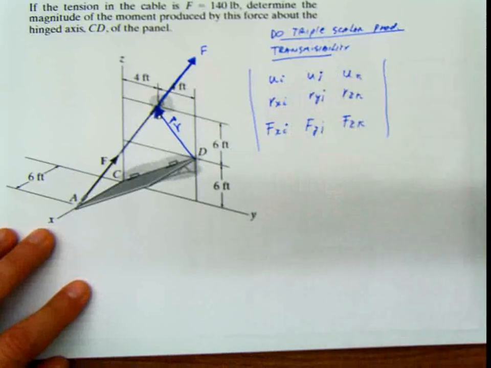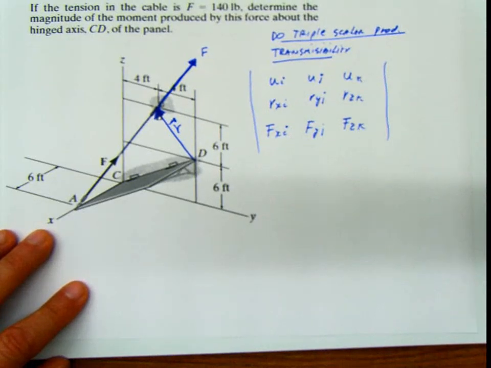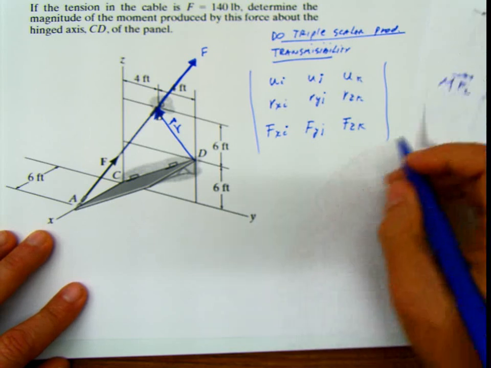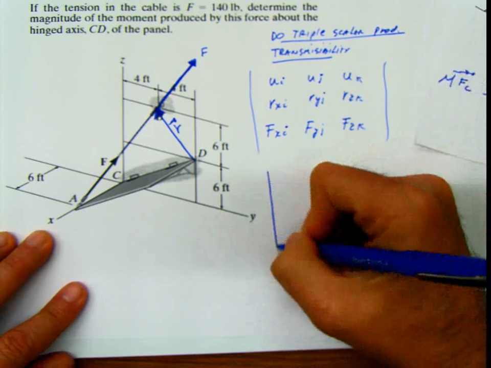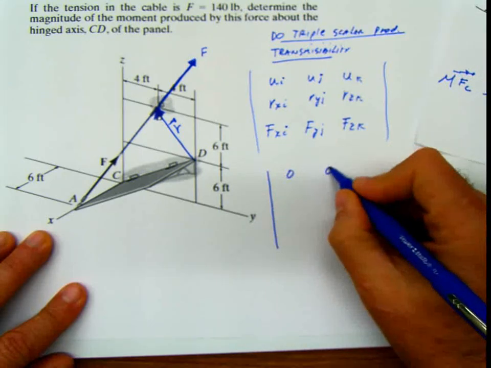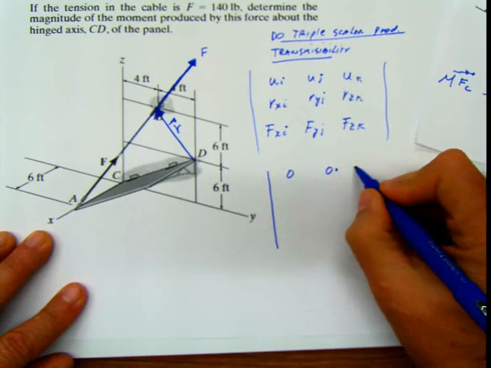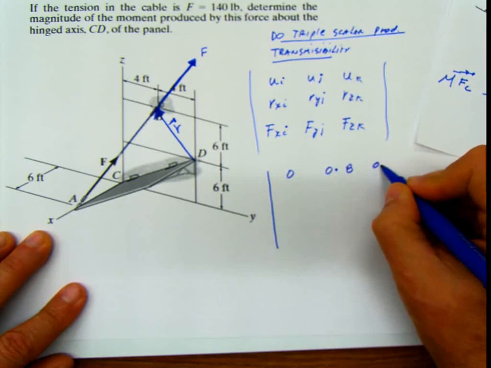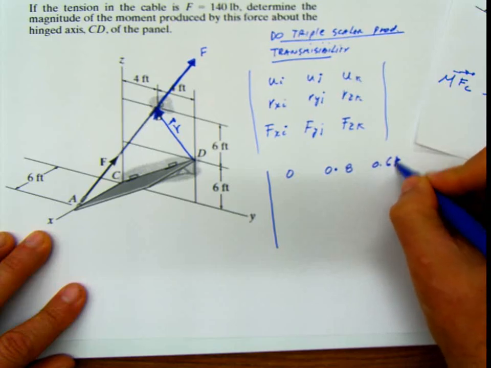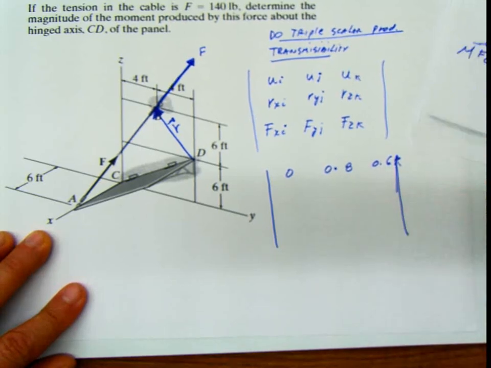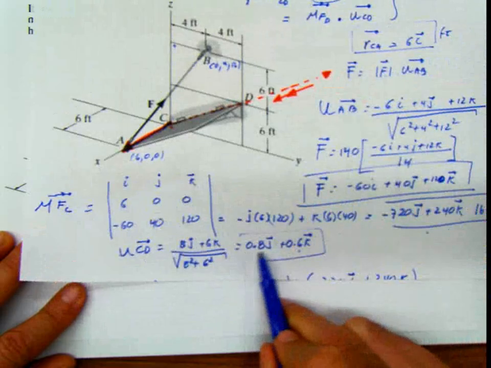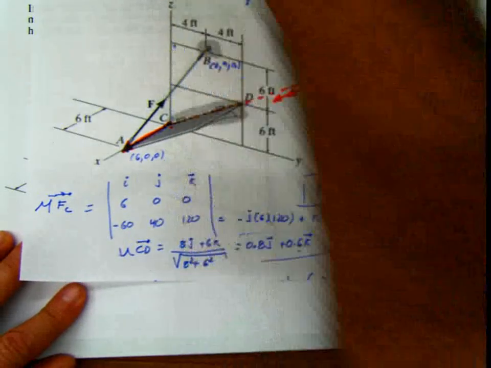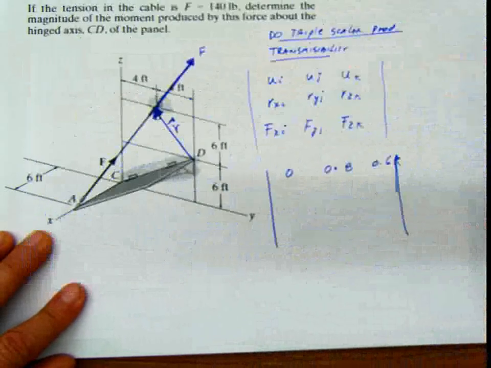Our unit vector we calculated before, and it was 0.8 in j and 0.6 in k. That's the unit vector.